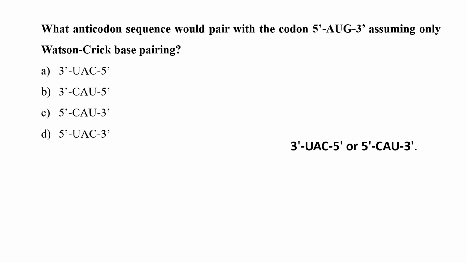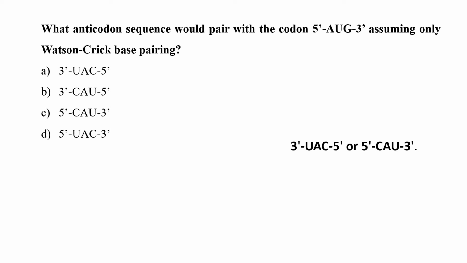My next question is, what anticodon sequences would pair with codon 5' AUG 3', assuming only Watson-Crick base pairing? The first base of the anticodon in the 5' direction is going to form a bond with the third base of the codon which it is reading, right?